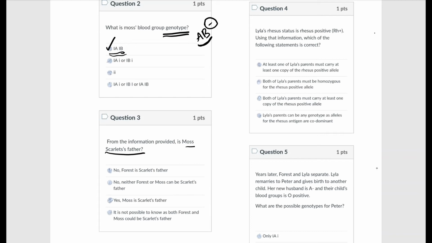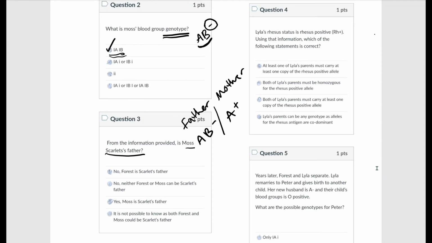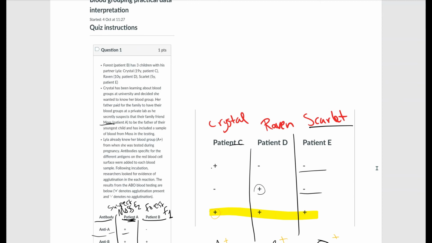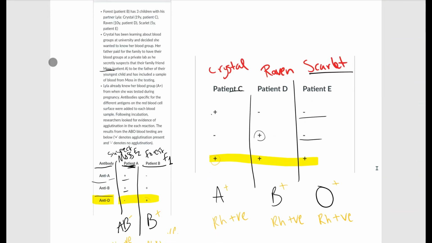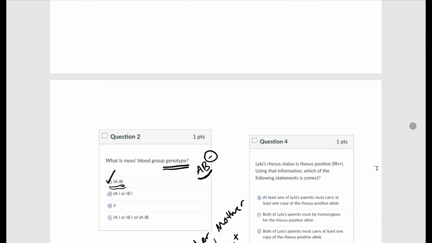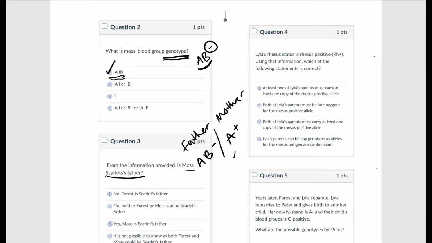So Moss, we said he's an AB minus. Supposedly, this is the father, and the mother is A plus. Okay, and if we go to Scarlett, she is O positive. So we're asking, can he be the father to this child?